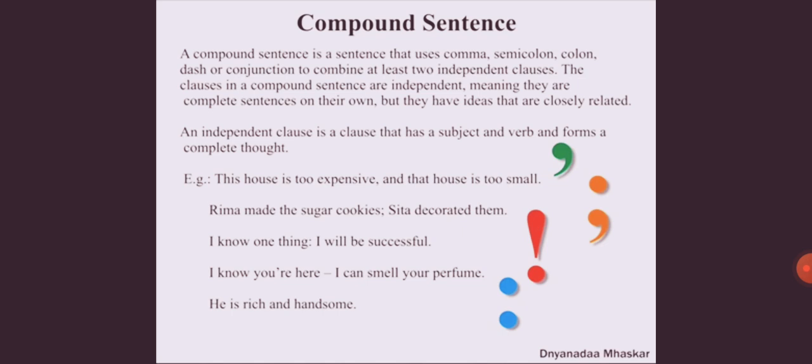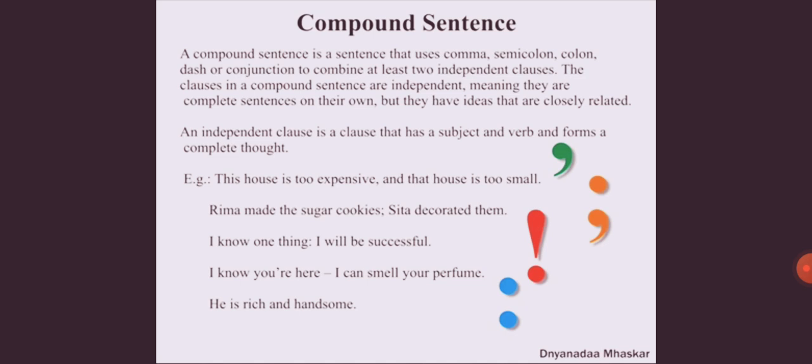This house is too expensive and that house is too small. Rima made the sugar cookies, Sita decorated them. I know one thing, I will be successful. I know you are here. I can smell your perfume.